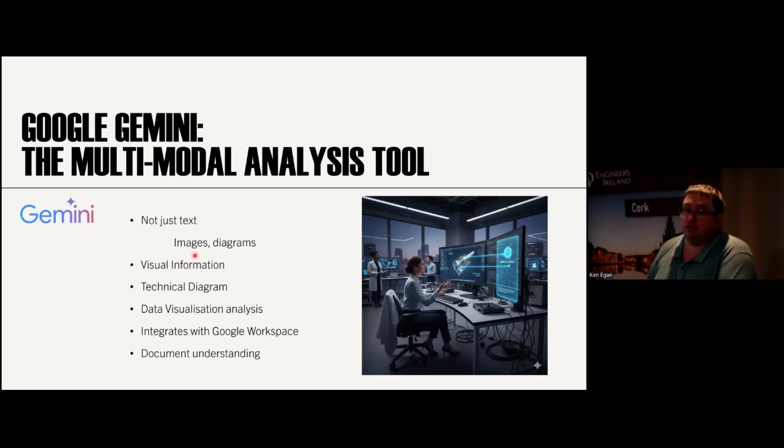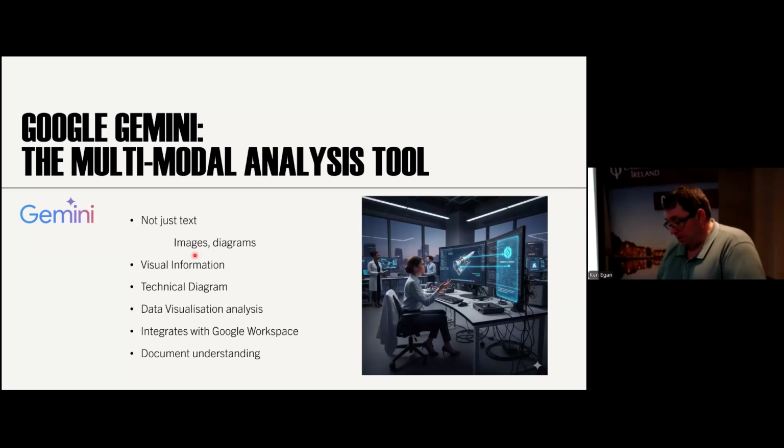It also works in the Google suite of data. So the first one was Microsoft Copilot, but some organizations use the Google suite. So you have your Docs, your Sheets, your Slides. It integrates with that and with your email also. And it can also understand PDFs, which is better than most of the other applications that are out there.